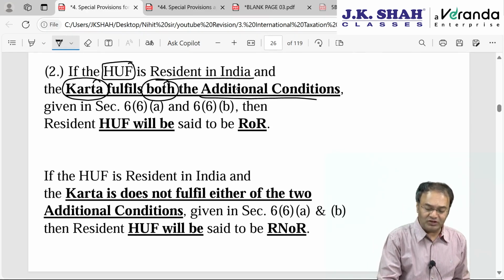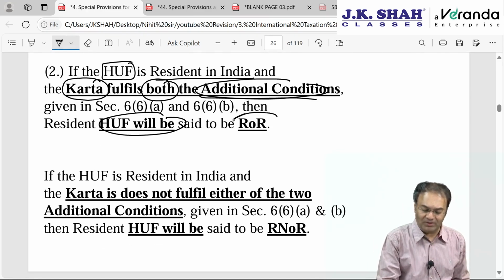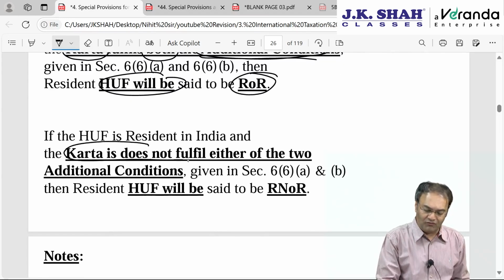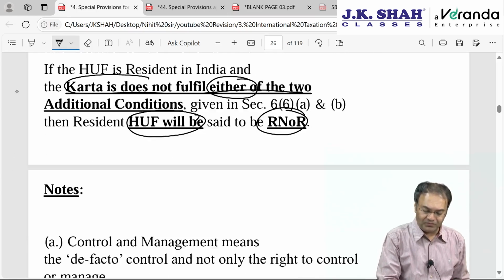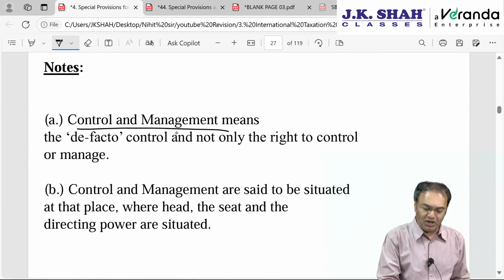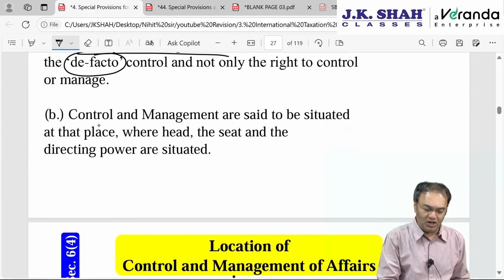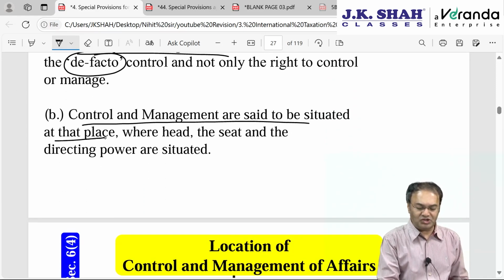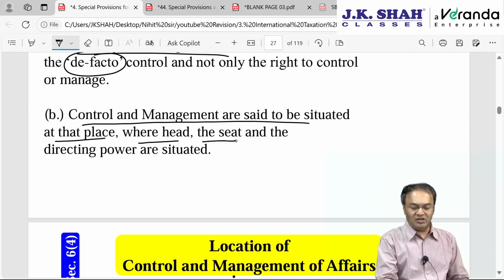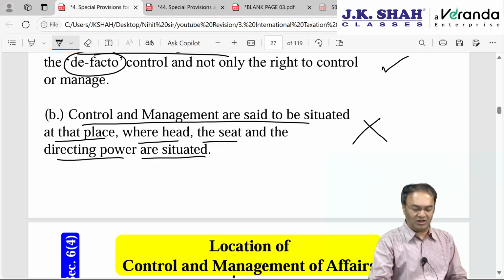If the Karta of the HUF fulfills both the additional conditions, then HUF will be ROR. Otherwise, if the Karta does not fulfill one or both of the additional conditions, HUF will be RNOR. Control and management should be de facto control, and control and management are said to be situated at that place where the head, seat and directing power are situated. This is unimportant; the first point is slightly more important.